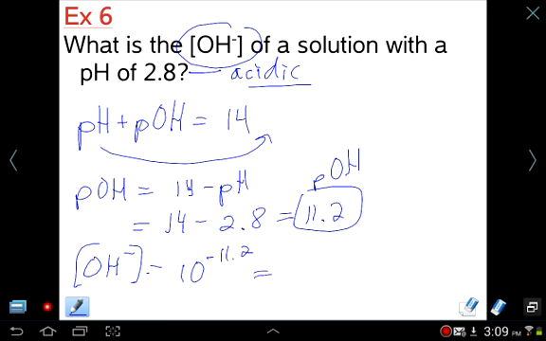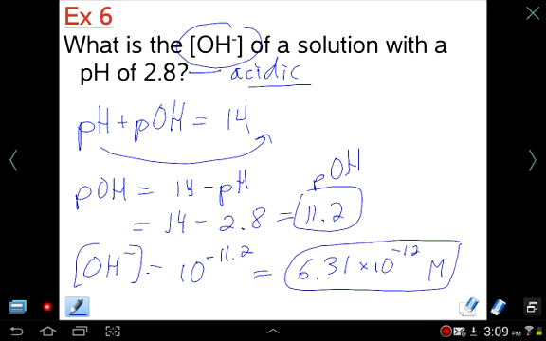Go ahead and plug that into the calculator, and you should get yourself a value of 6.31 times 10 to the negative 12th molar. And notice this is a very small concentration because we have ourselves an acidic solution, which makes sense.